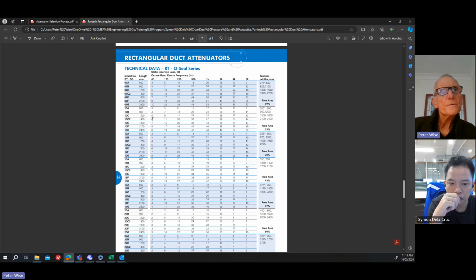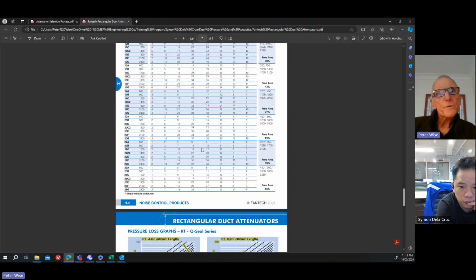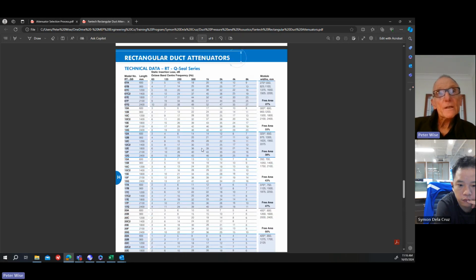With the 10C2, we're getting 6 and 11, which is what we wanted. And with the 12E, we'll get 6 and 12. And then the rest are fine. So that's 3 options. Varying lengths, and as an attenuator gets longer and bigger, it's going to cost more.